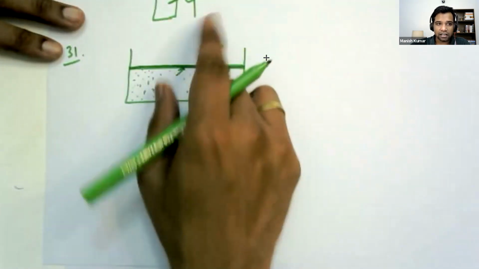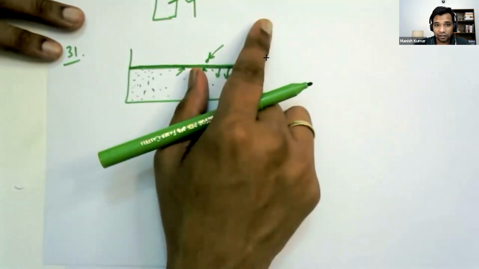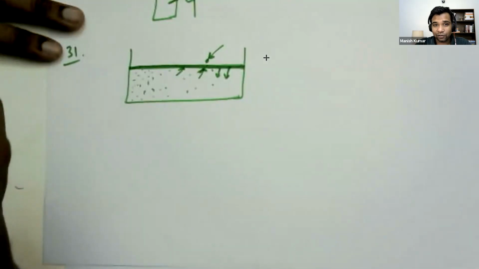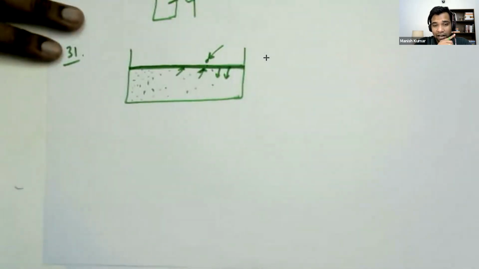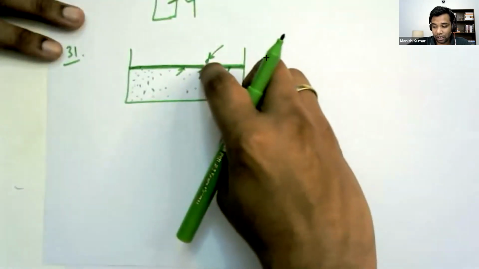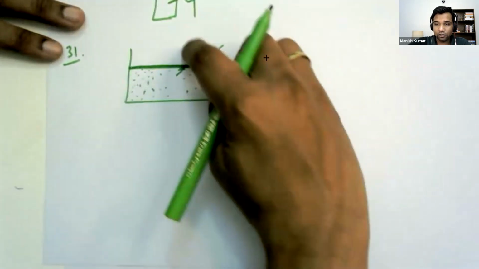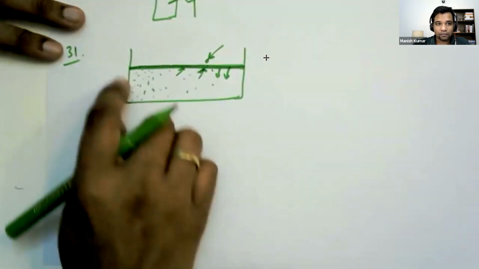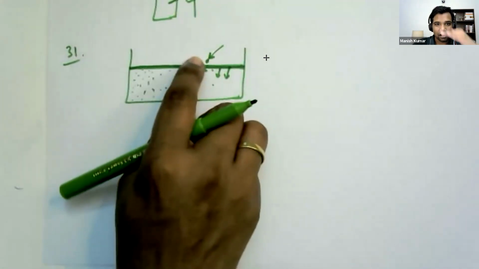And when the higher kinetic energy molecules leave, and the average kinetic energy is directly related to the temperature, so if the kinetic energy reduces, the temperature will reduce. When the higher kinetic energy molecules leave, the rest of the water has lower kinetic energy.